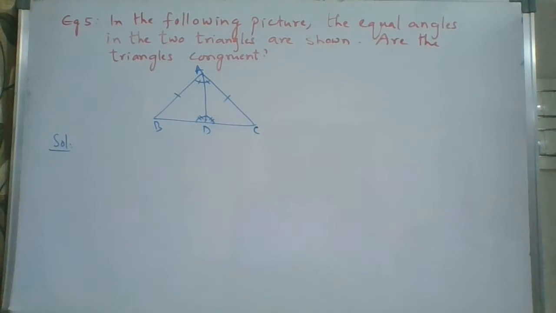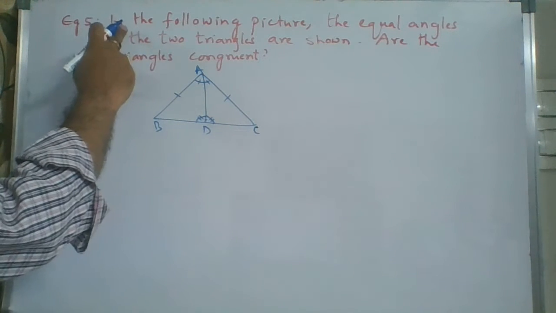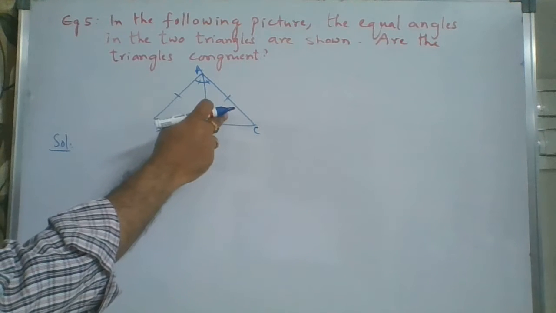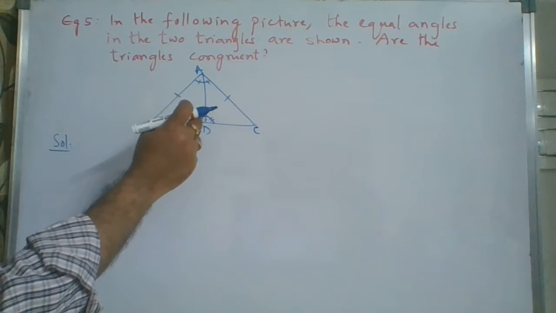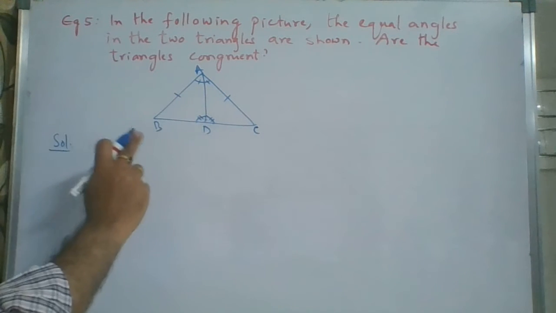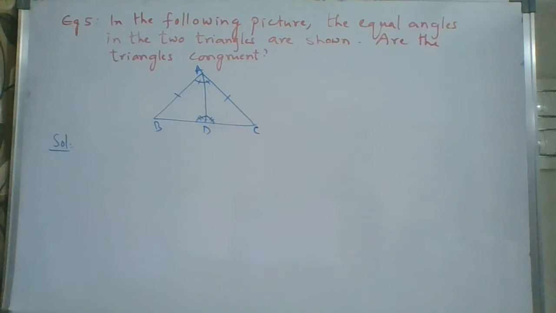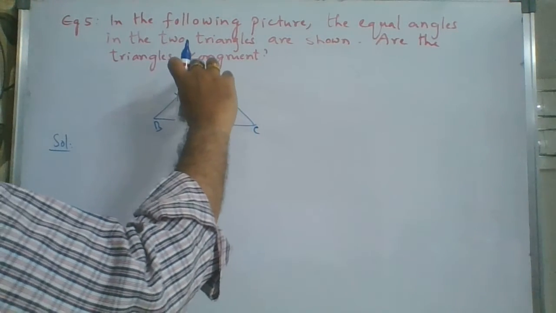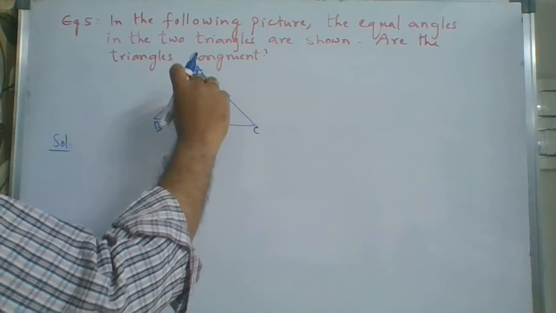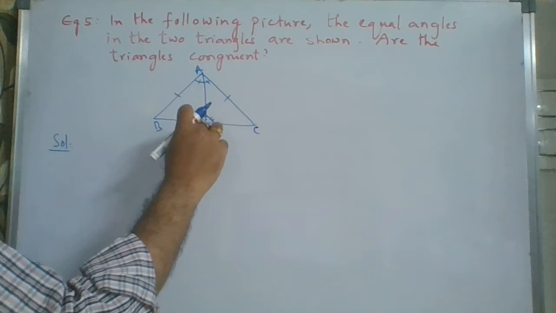Now, example 5. The question is, in the following picture, equal angles in the two triangles are shown. So these two are equal angles and these two are equal angles. Are the triangles congruent? Given that AB and AC are also equal, but see that these two are the angles and the included side is this one, AD, isn't it?